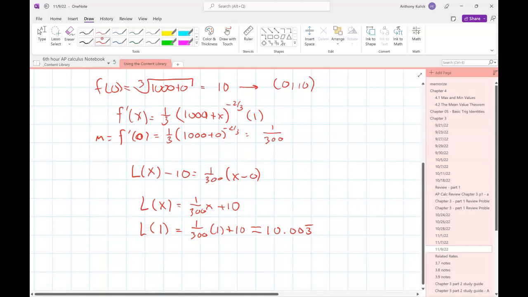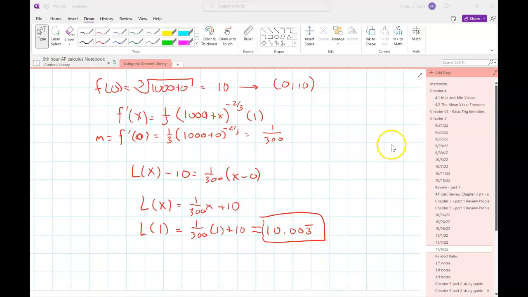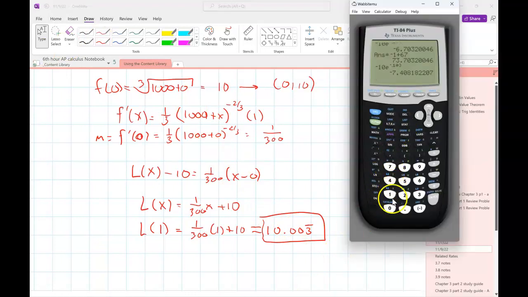So that's my approximation. Just to illustrate what we've done, that's my approximation. Now I'll do it with an exponent. That's my actual cube root. Pretty good. Got like 4 or 5 decimal places of accuracy there.